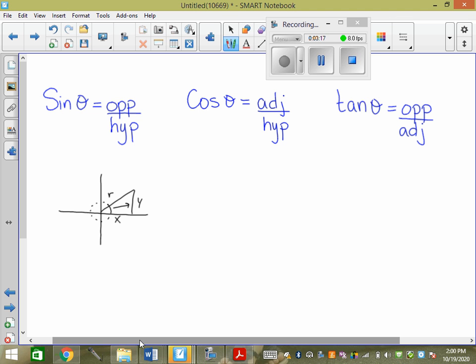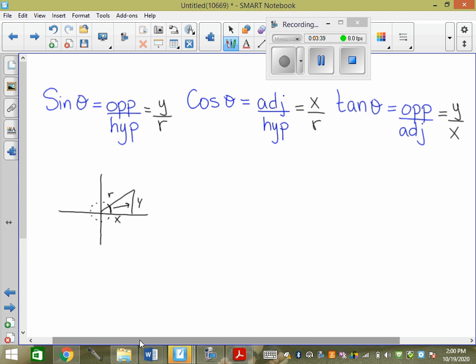Because we're literally only ever allowing you to have the central angle. Right? You can never use this angle up here. So always when rotating in the center. So of these, don't do this either, I'm just showing you. Opposite is always y, hypotenuse is r. Adjacent is x, hypotenuse is r. And opposite is y, adjacent is x.